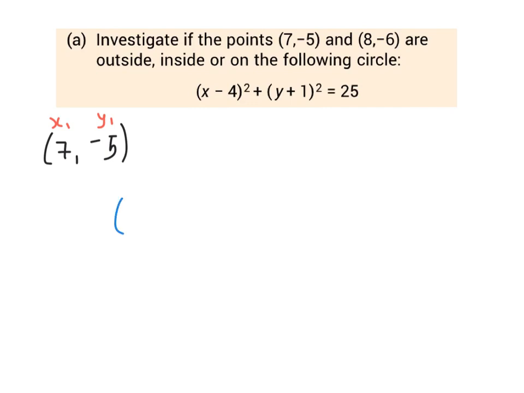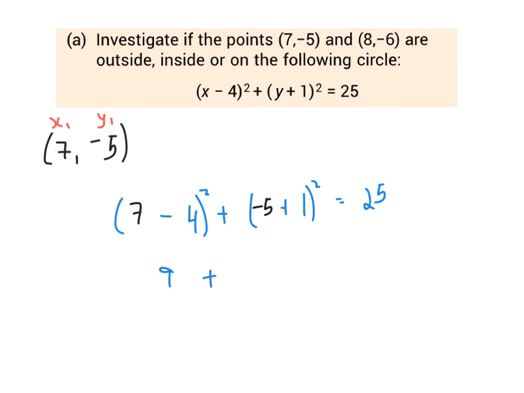So we have minus 4 plus equals 25. Into this we are subbing in 7 and minus 5. So 7 minus 4 leaves us with 3 squared, which is 9.